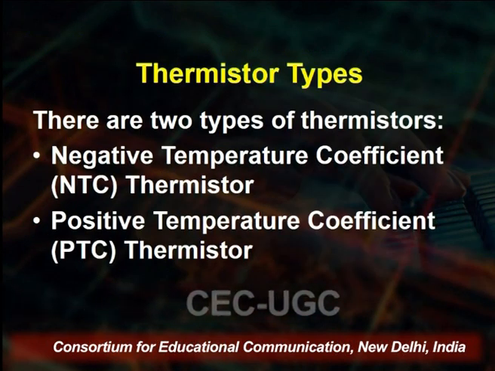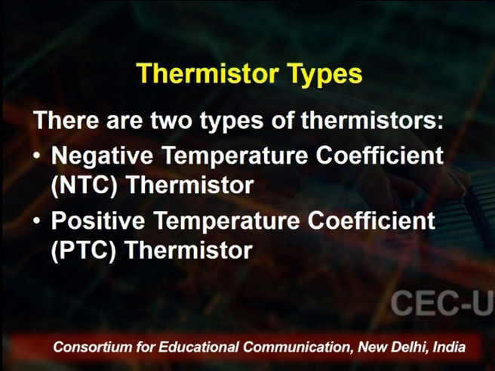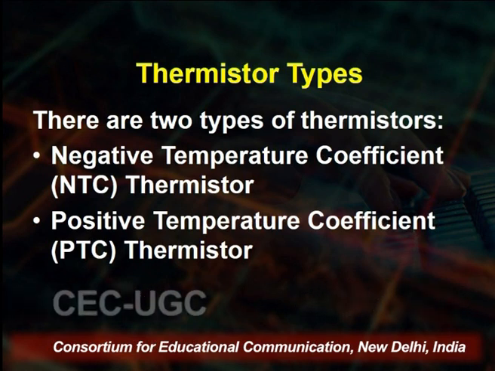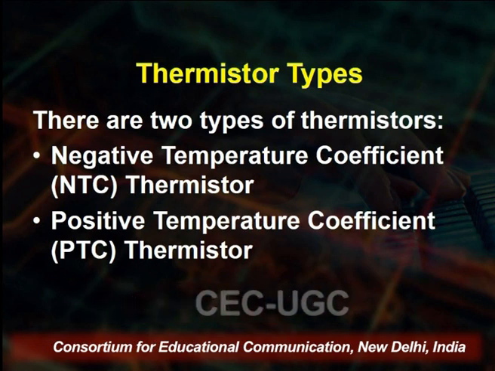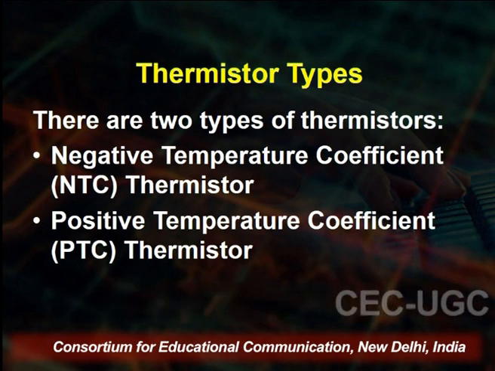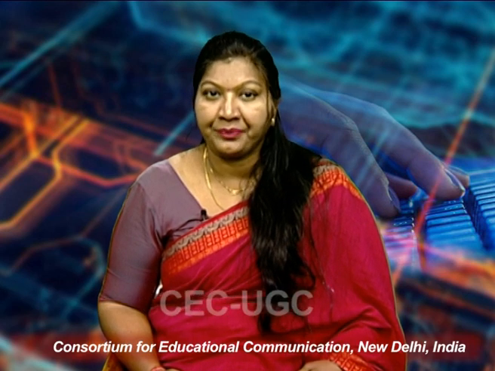Now the types of thermistor. Here we have two types of thermistor. First is the negative temperature coefficient thermistor, also known as NTC, and second is the positive temperature coefficient thermistor, that is PTC. What is an NTC thermistor?